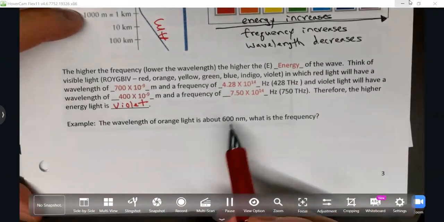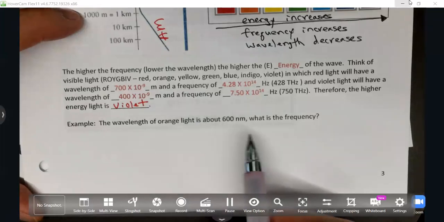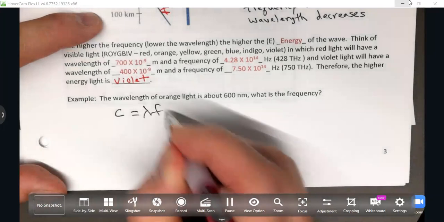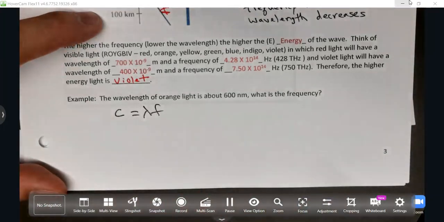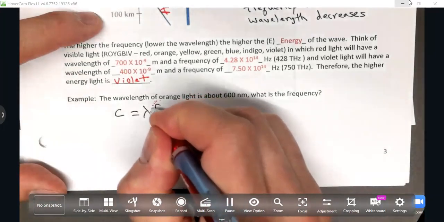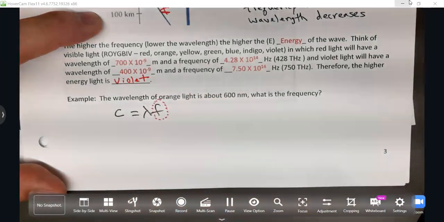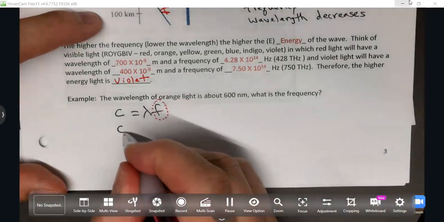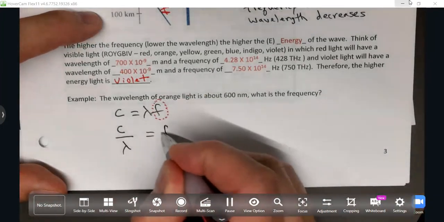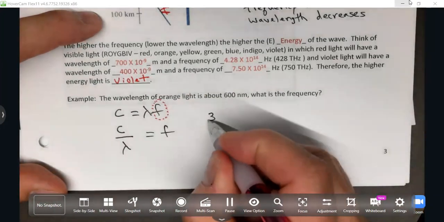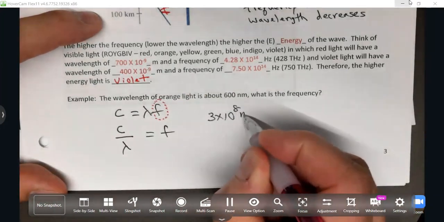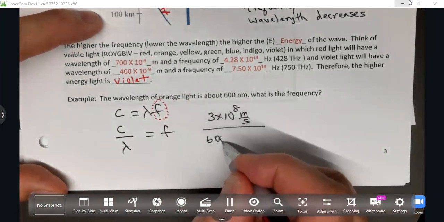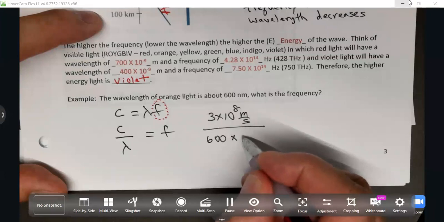And this is a quick OWL question again, but here we have to calculate frequency. If we're going to solve this for the frequency, so 3 × 10⁸ meters per second divided by 600 nanometers.